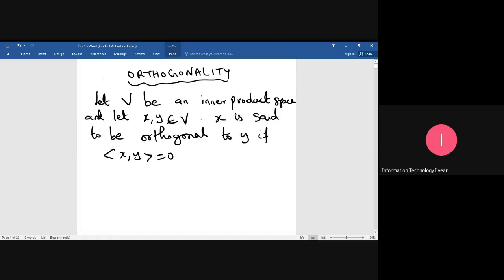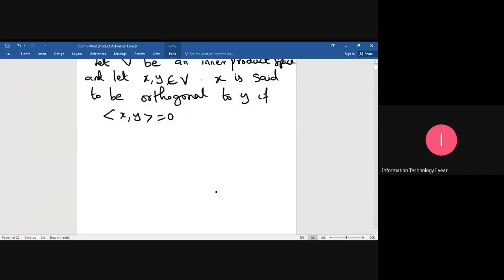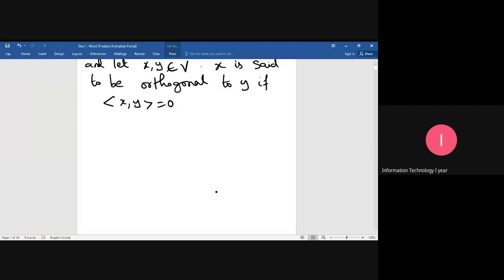So V is the inner product space we have taken. There are two vectors from capital V. We say that x is orthogonal to y means inner product of x comma y equal to 0. If the inner product value is 0, we say that these two vectors are orthogonal to one another. Here I am writing the notes. Just note it.